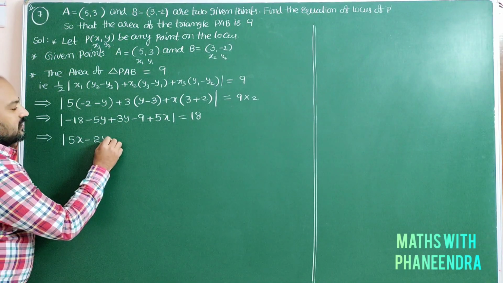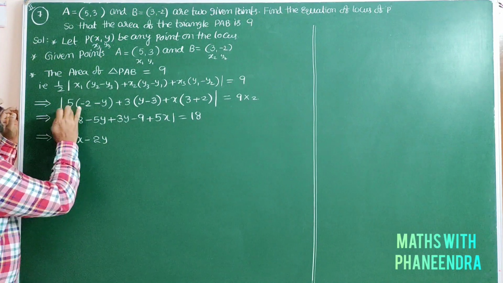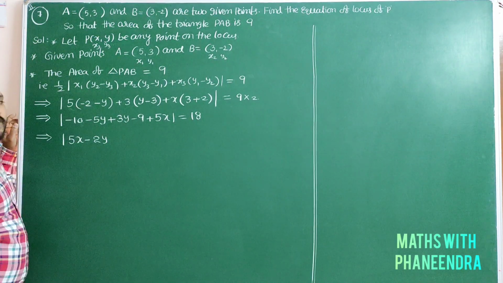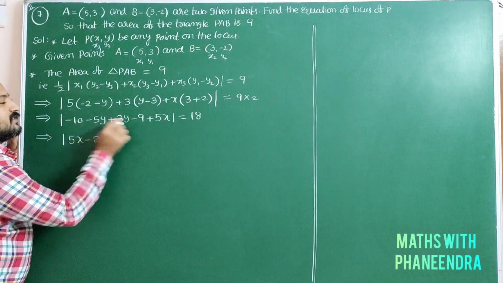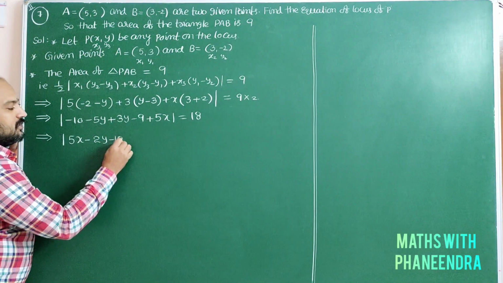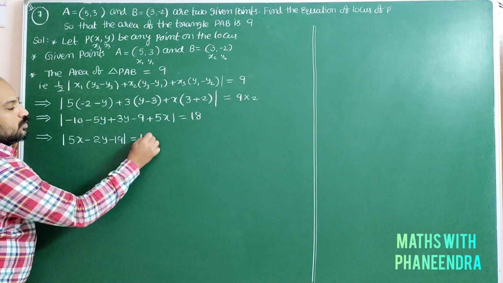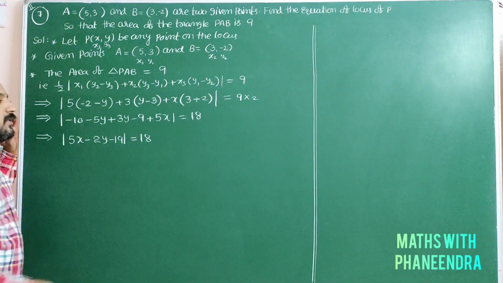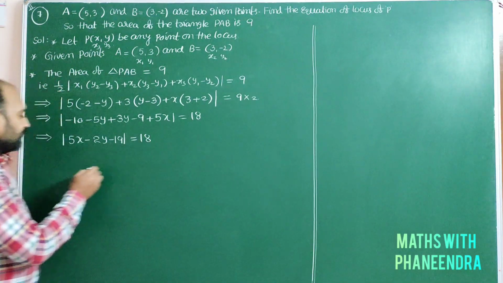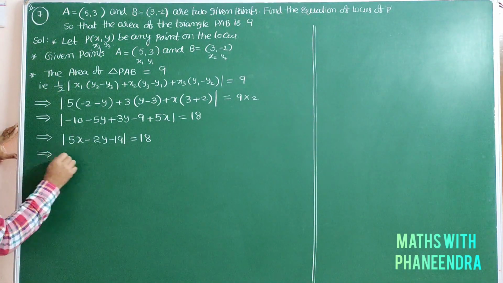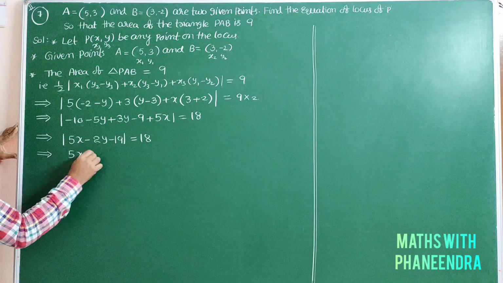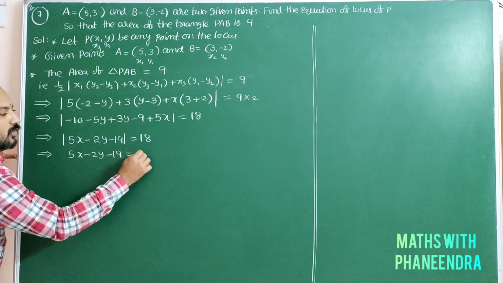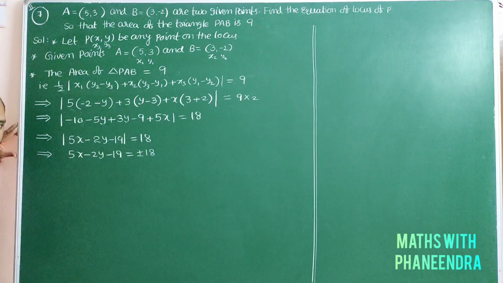Sorry, 5 2s are 10, I forgot. Sorry, very sorry. 5 2s are 10. So, minus 10 minus 9 is minus 19, is equal to 18. If you remove this modulus, we'll get plus or minus this side. Here only I am writing 5x minus 2y minus 19 is equal to plus or minus 18.